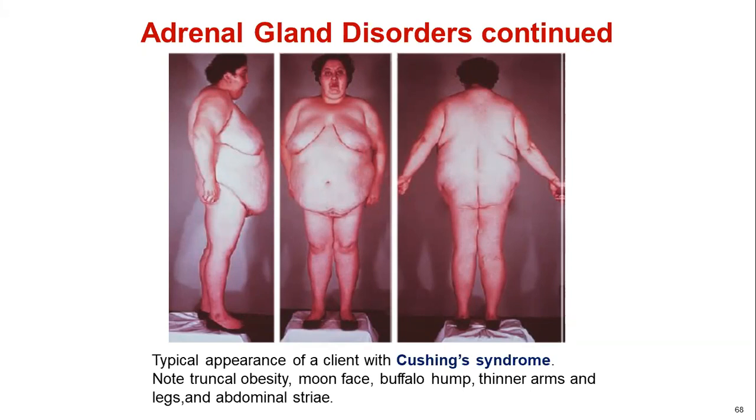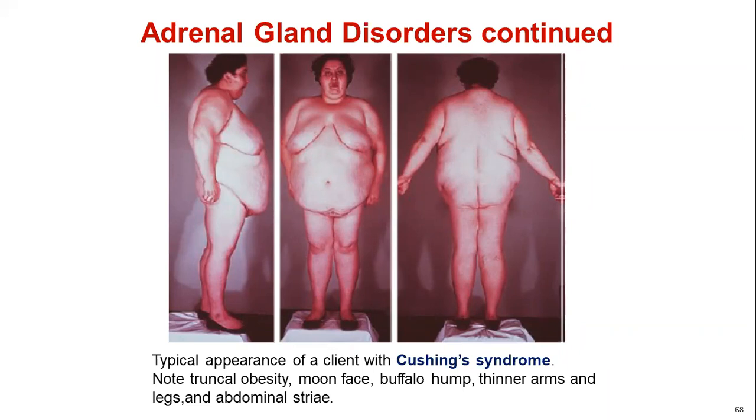Or truncal obesity. So in this picture of this respected lady, her two arms and legs are thinner, no fat on the buttock, but her fat is on the abdomen, right? Truncal obesity. In this patient also increased infection, right? Their skin is thin and fragile.